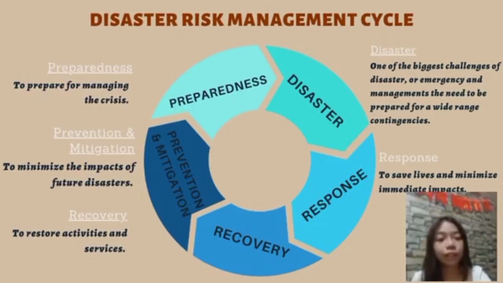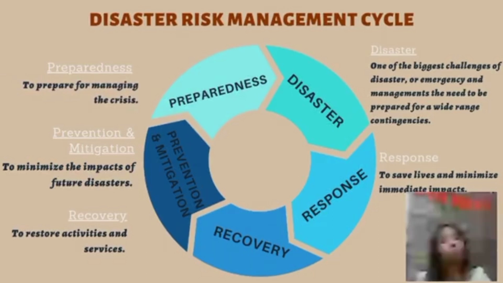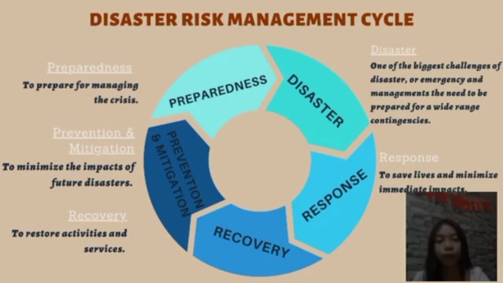Last but not the least is the preparedness. It is to prepare for managing the crisis. It is also planning how to respond to the disaster. For example, preparedness plans, emergency exercises, training, or warning systems.